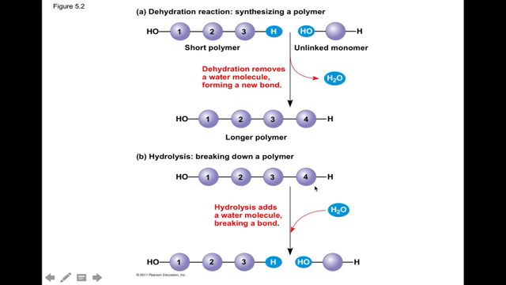Again, this polymer is quite happy, it doesn't want to break down into monomers, but then in your stomach you want to break down large molecules to small molecules. So your stomach enzymes hold on to this polymer, and they go between 3 and 4, and they say I need to chop it up. It will chop it up, but then 3 and 4 want to come back together because they are clingy to each other, right?